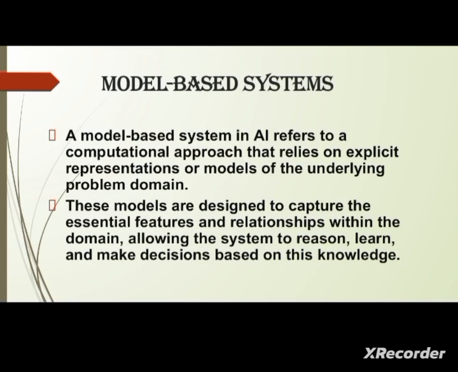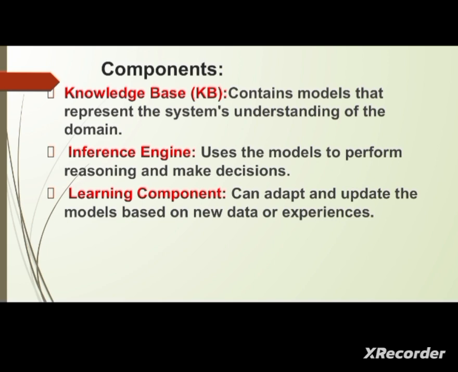These are model-based systems. Now the components of a model-based system. First, we have the knowledge base. It contains models that represent the system's understanding of the domain. The system encapsulates the knowledge about the problem domain using formal structures such as graphs, rules, or mathematical equations.